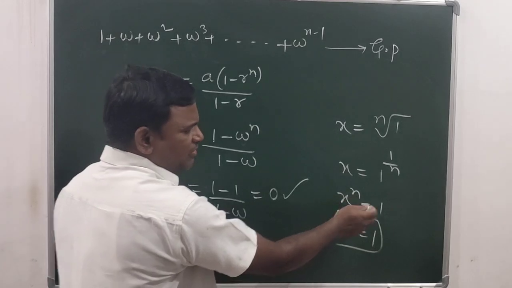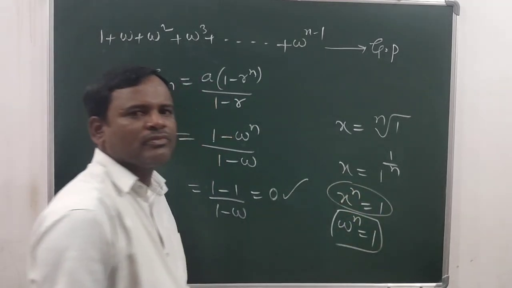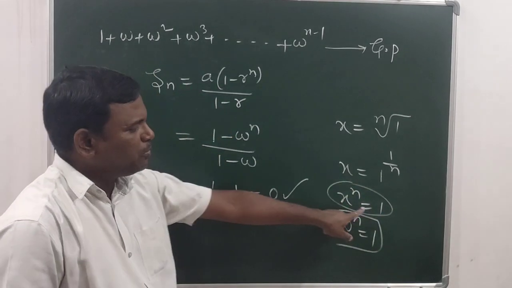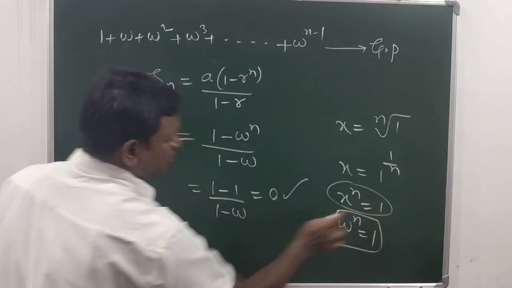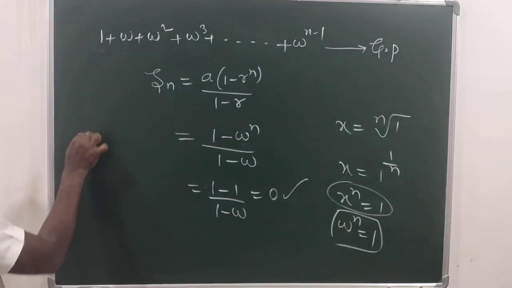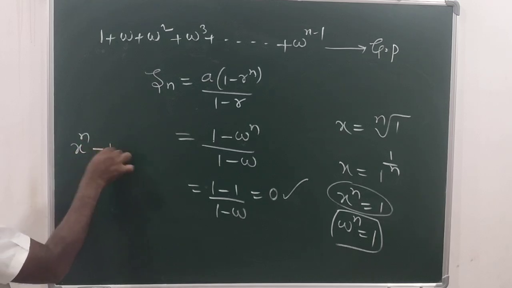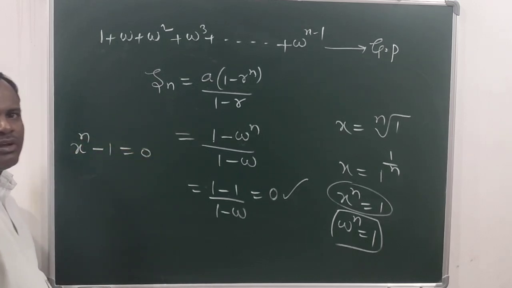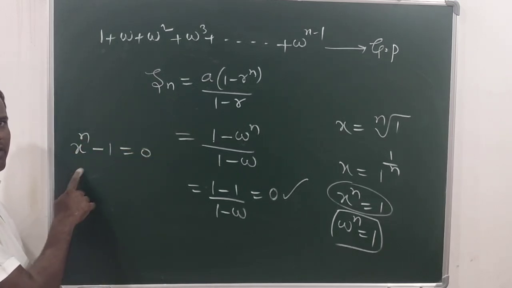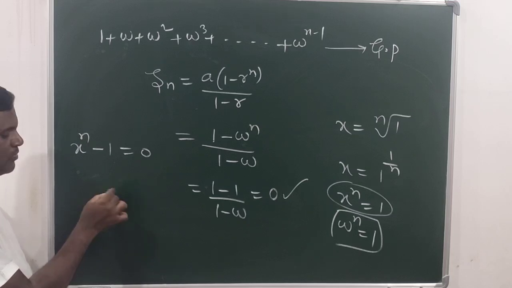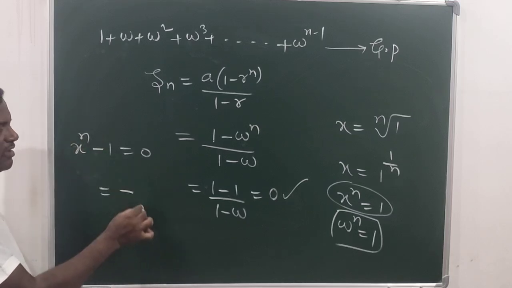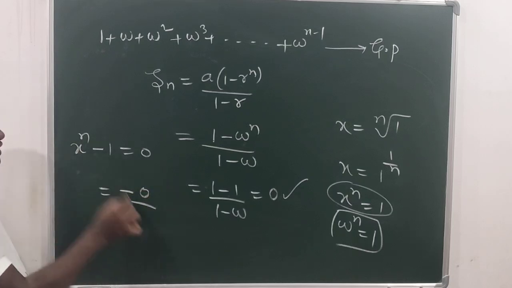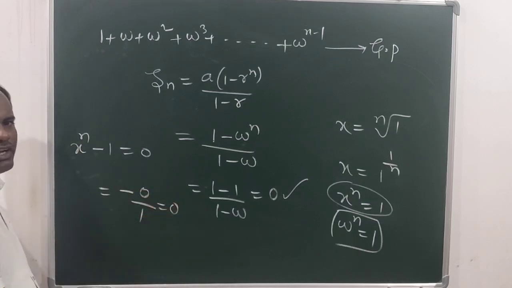Otherwise, from this equation also you can say, here x power n is equal to 1. If you bring this 1 to the left side, you get x power n minus 1 equal to 0. You know, sum of all the roots is equal to minus coefficient of x power n minus 1 by coefficient of x power n, which is equal to 0 you will get.